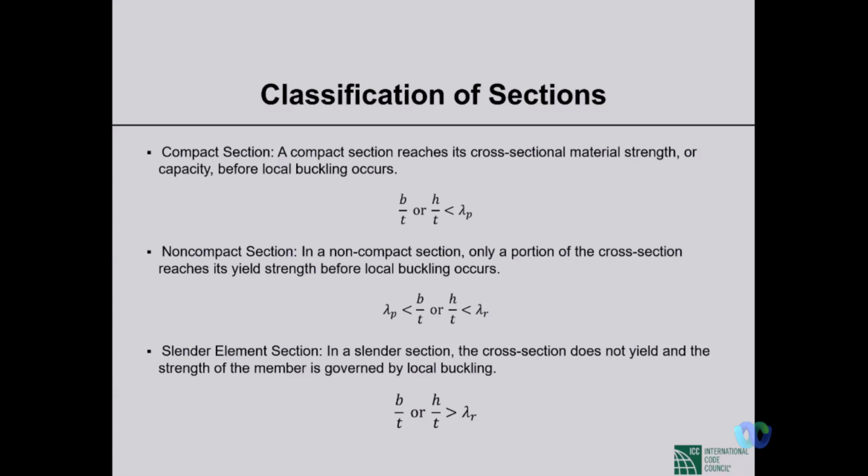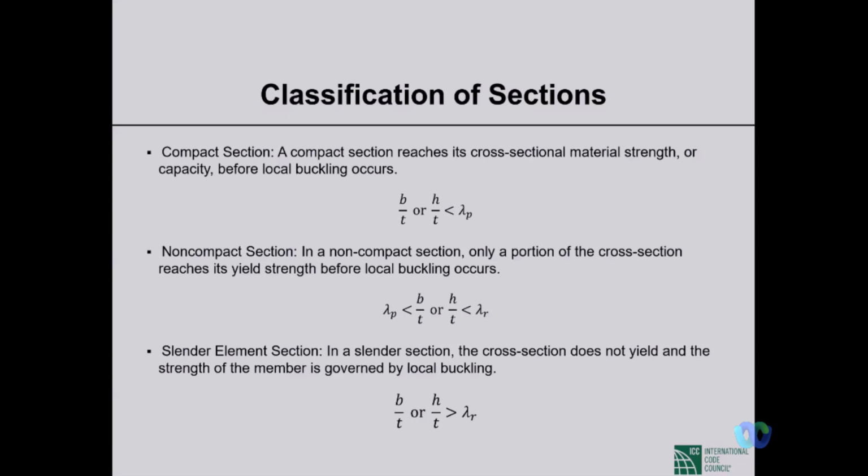This is how we define the sections. Now, what does it mean? From analysis of the way these limits are derived, we can say that compact sections will fail by yielding, not by local buckling. That is, since the width-thickness ratio, which is like slenderness ratio, is so small, they're very stocky, kind of like a stocky column.